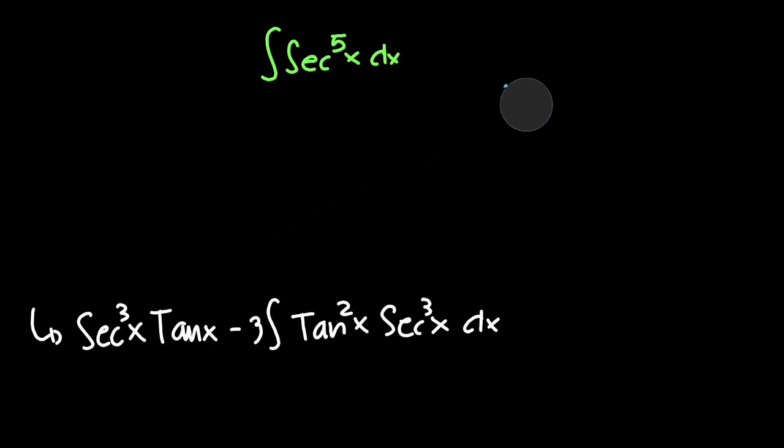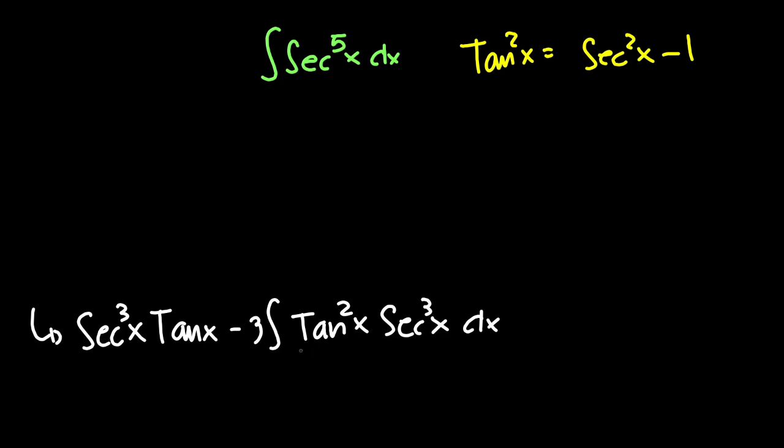And now the next step here would be to simplify this integral. And that means transforming tangent squared of x according to its trigonometric identity. Note that tangent squared of x is equal to secant squared of x minus 1.